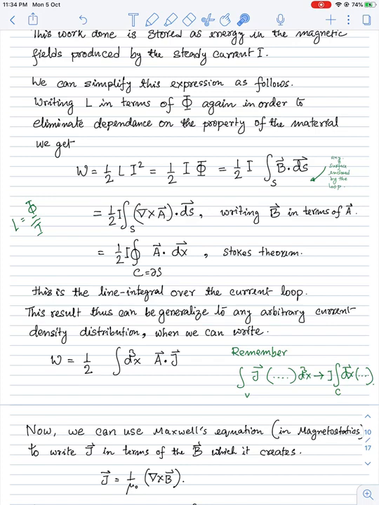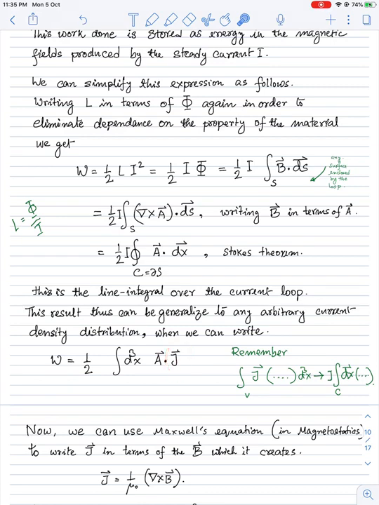Now this becomes very easy, because one can simplify this further. You remember what we had discussed before, that I times the line integral of a current carrying loop is basically the volume integral of the current density.